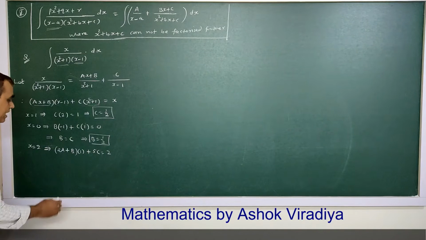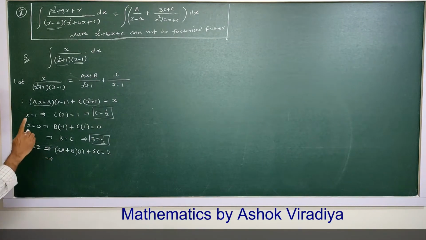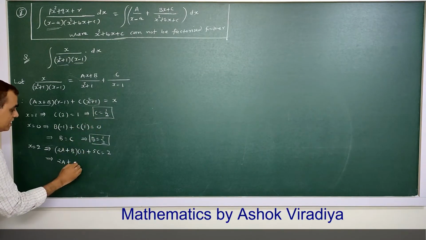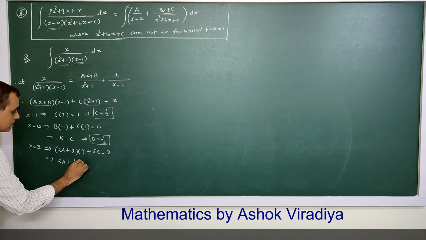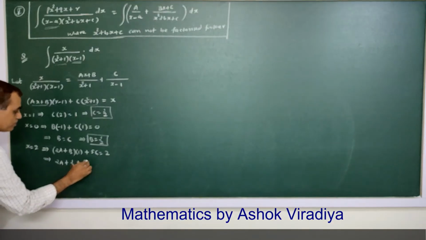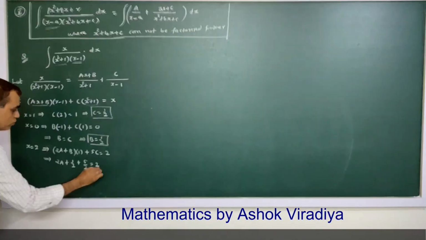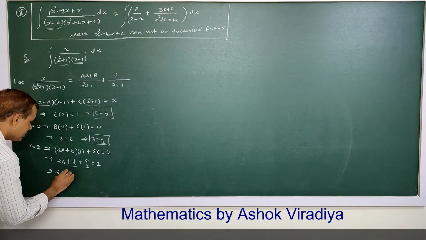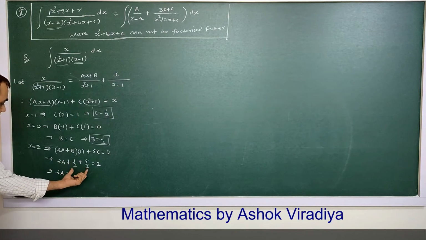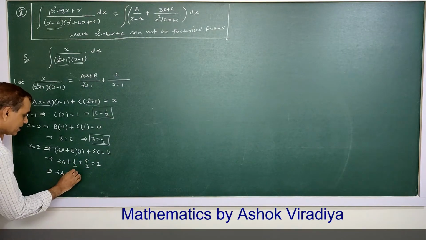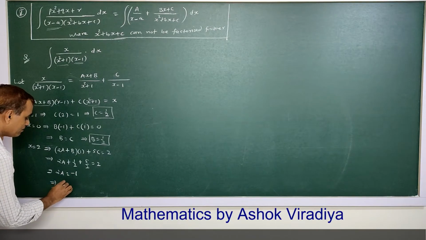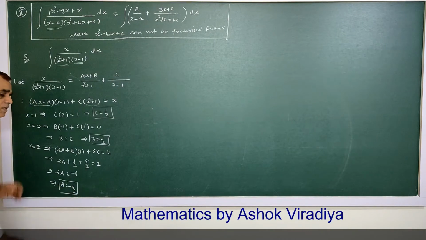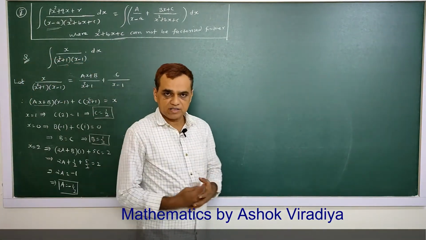Now we have already obtained the values of b and c, so 2a plus 1 by 2 plus c, which is also 1 by 2, is equal to 2. So 2a is 2 minus 3, which is minus 1. So a is minus 1 by 2. A, B and C are obtained.